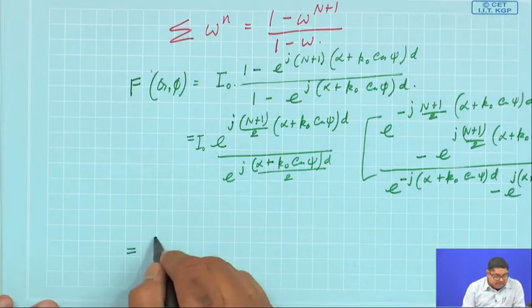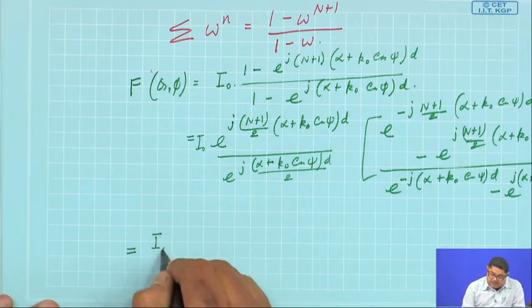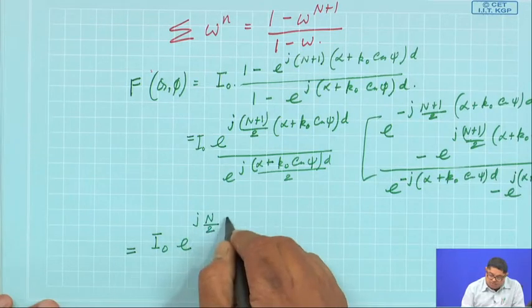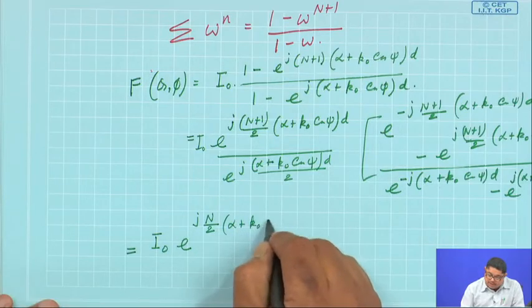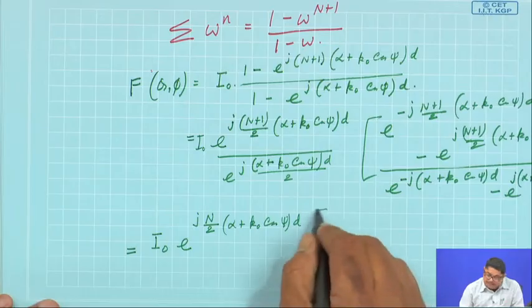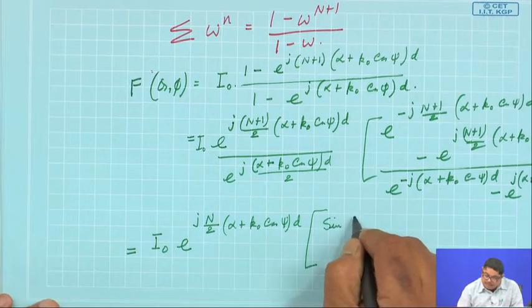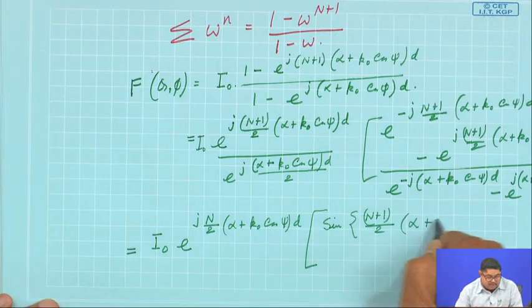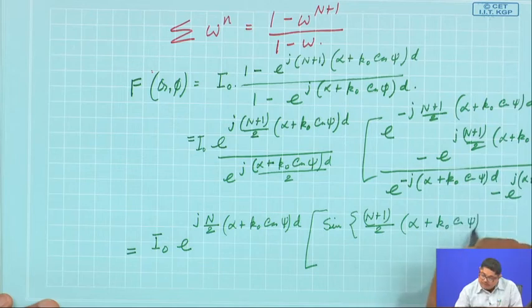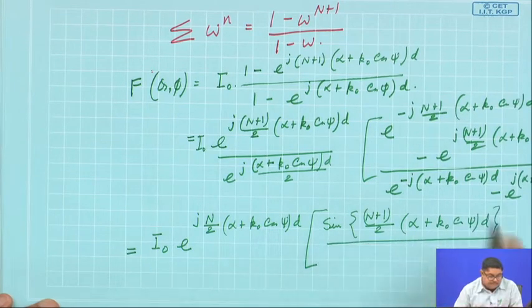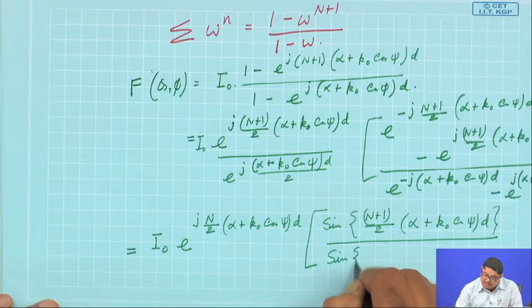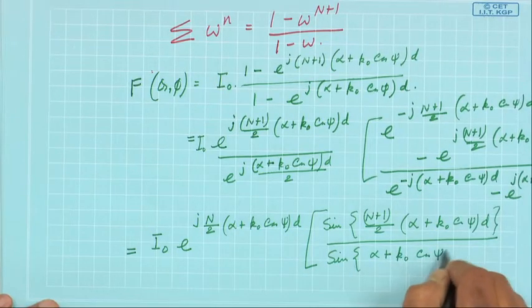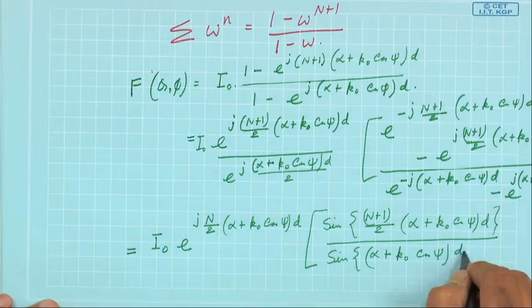So, this becomes I naught e to the power j (n/2)(alpha plus k naught cos psi d), times sine of (n plus 1)/2 (alpha plus k naught cos psi d), by sine of (alpha plus k naught cos psi d)/2.